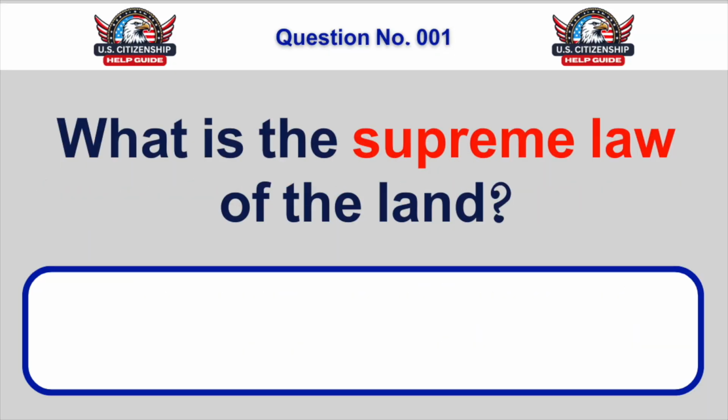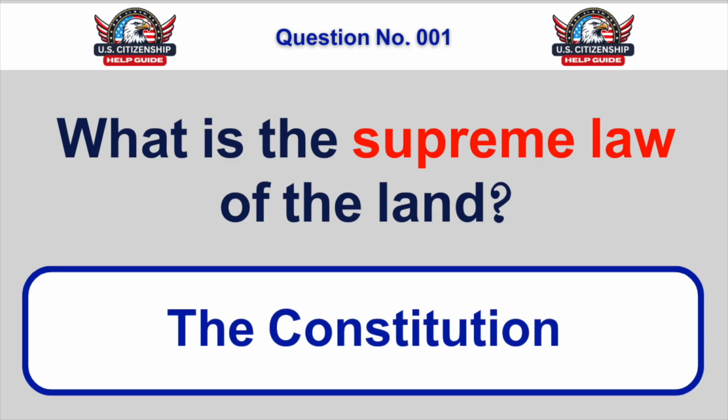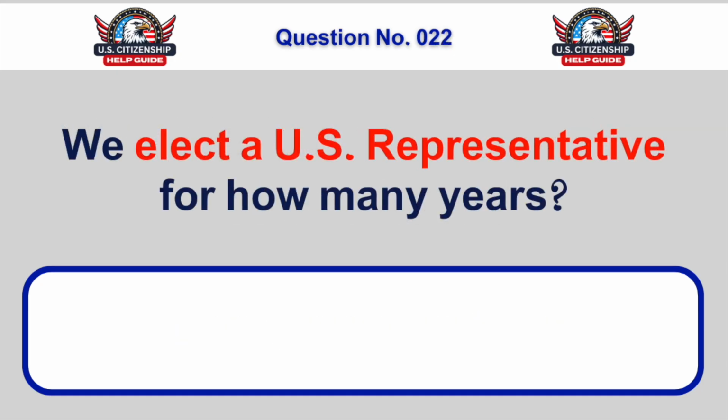What is the supreme law of the land? The Constitution. We elect a U.S. representative for how many years? Two.